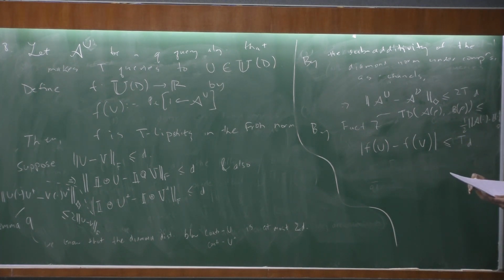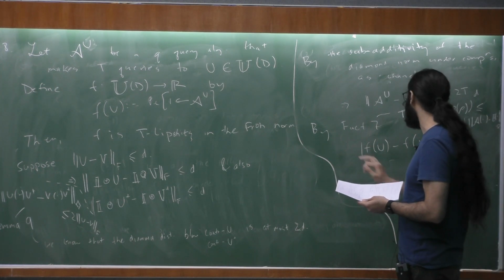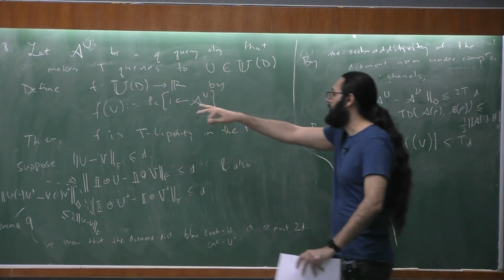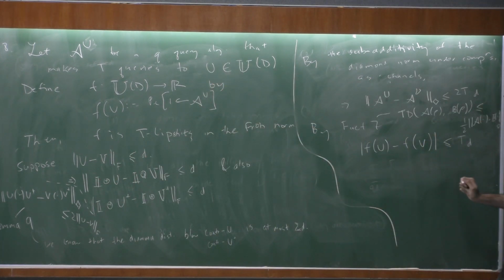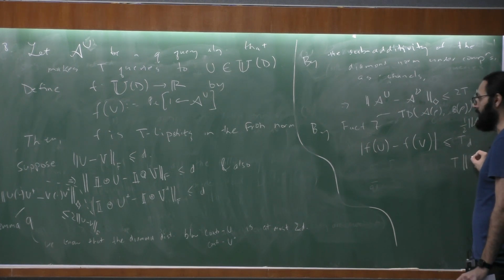Is that okay? And that was the condition for being Lipschitz in whatever norm one is using. So if you assume that these things are close in that norm, the f's should also be close by t times whatever that value was. Right. So basically it should be t times the Frobenius norm.